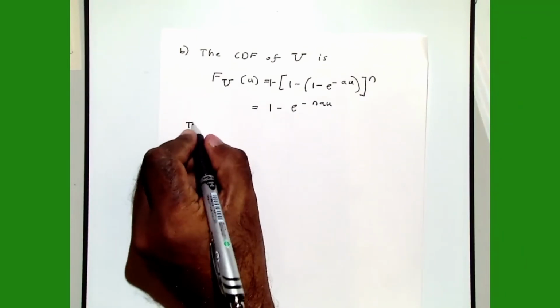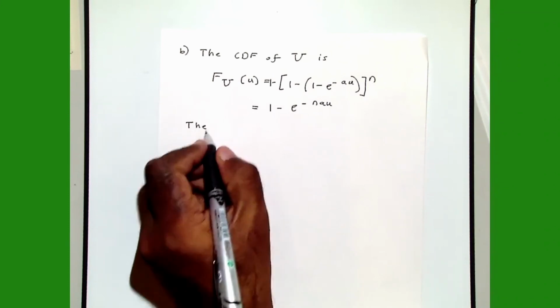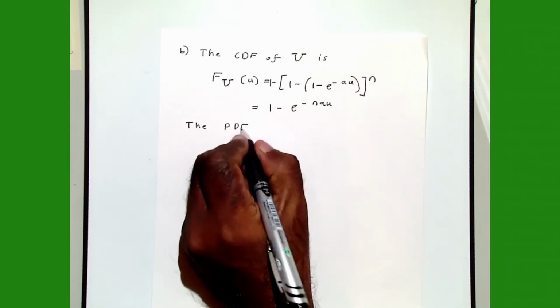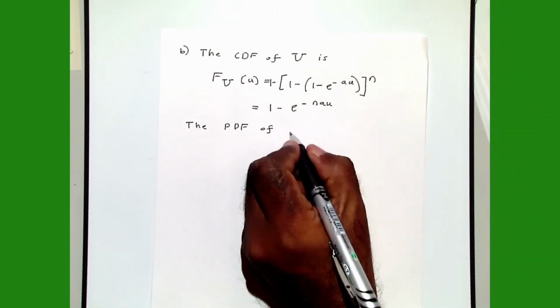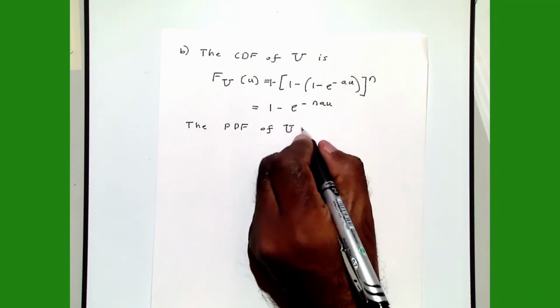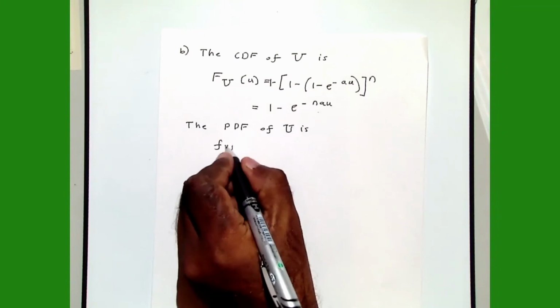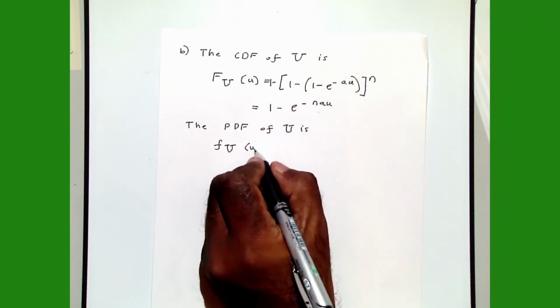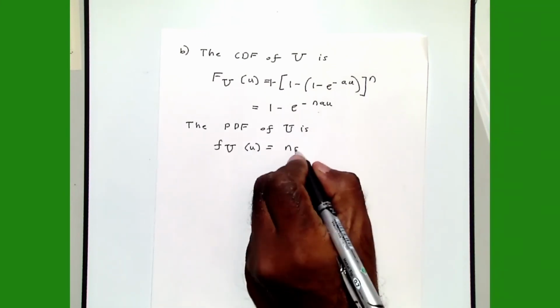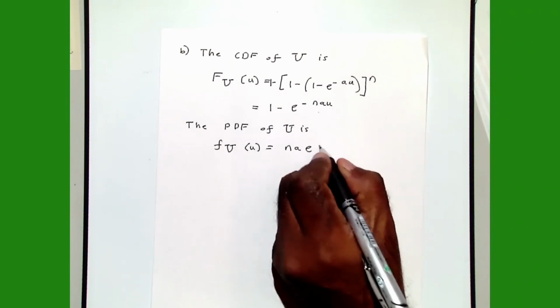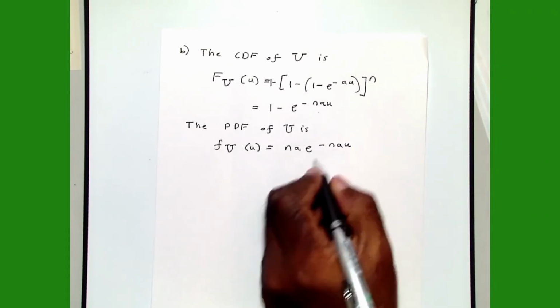And the PDF of U is just simply the derivative of this, which is nA times e to the minus nAu.